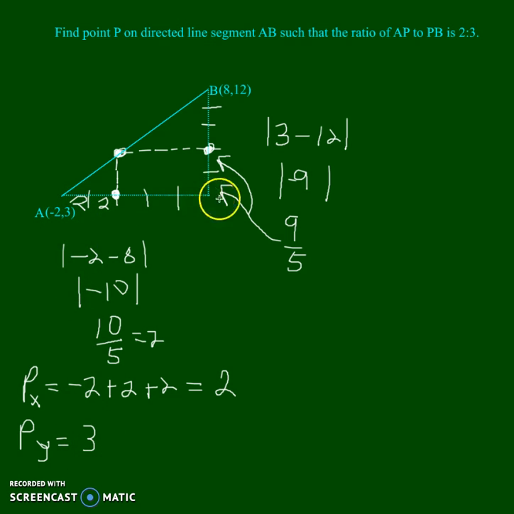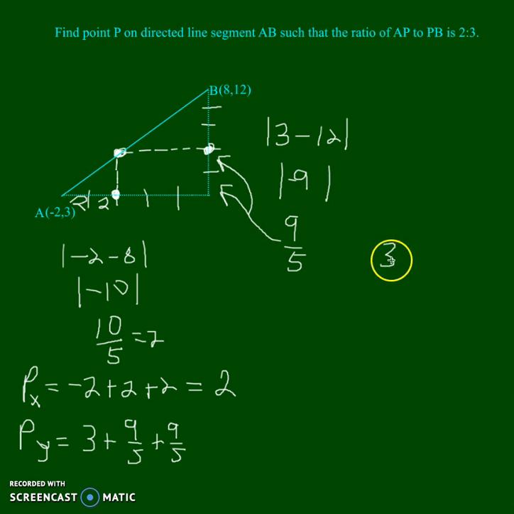And from 3, we're going up 2 units of 9/5 each. So we're adding 9/5 plus 9/5. That is 3 plus 9/5 plus 9/5. Well, we have to find out how many fifths are in 3.